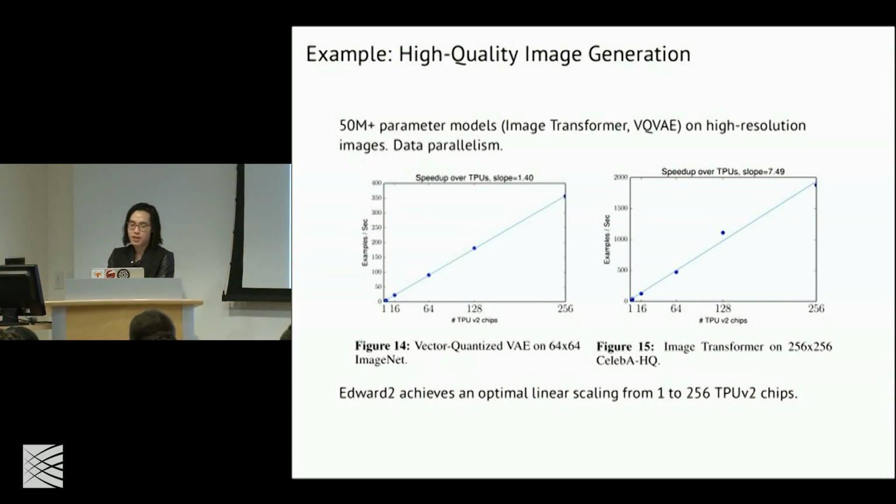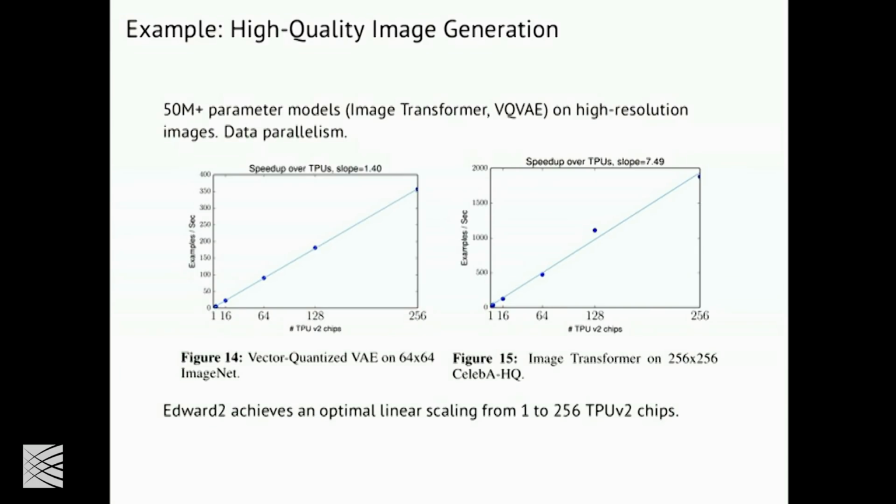Another example that we have done has been just high-quality image generation, where we pushed existing state-of-the-art models over, say, low-resolution images, at least. And we used data parallelism, where we just scaled the batch size of these training procedures across huge TPU configurations, and we saw that naturally, as you increase the number of TPU chips, there's a linear scaling in throughput.